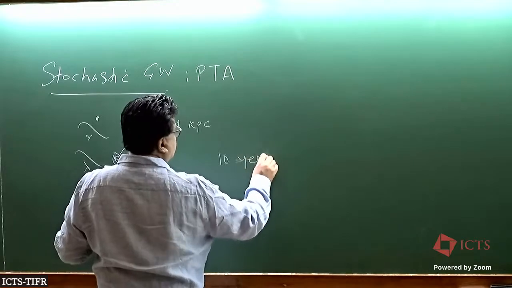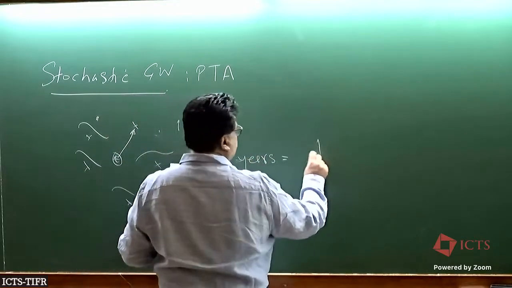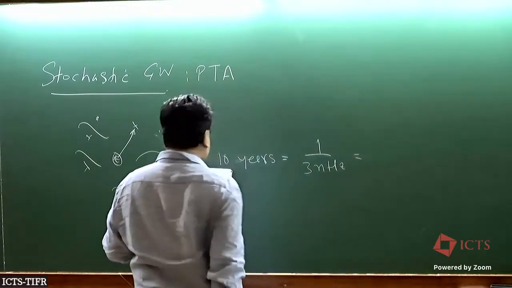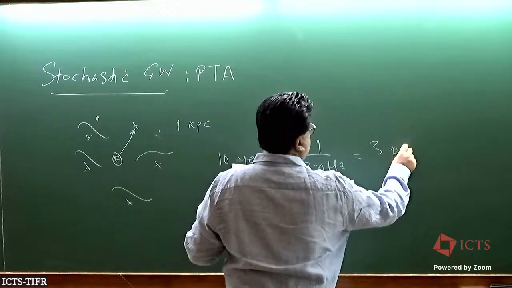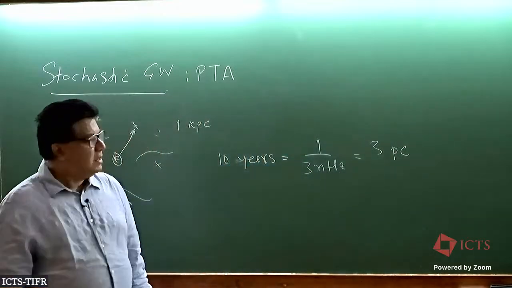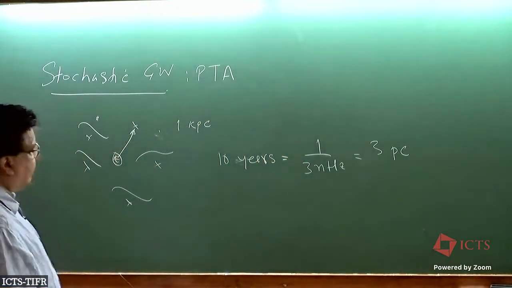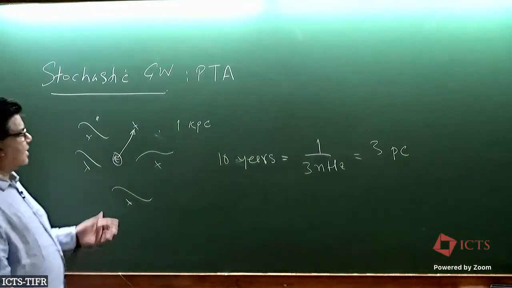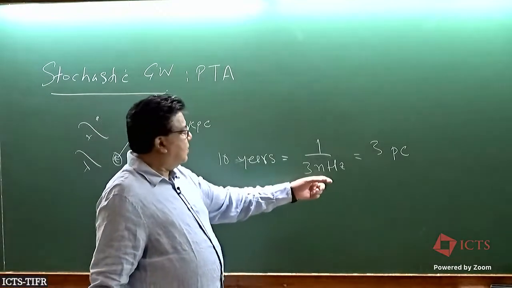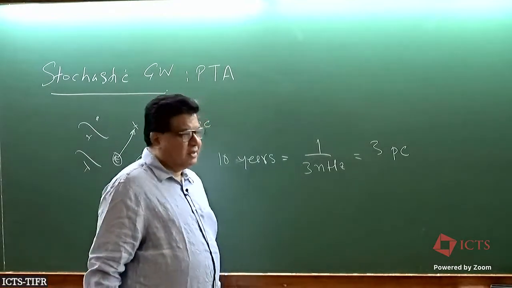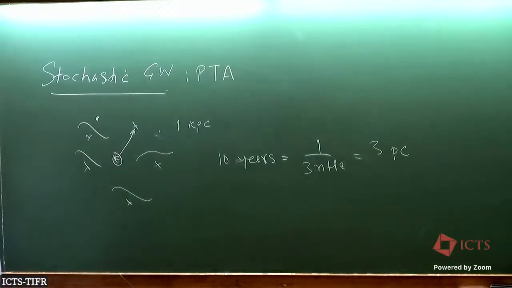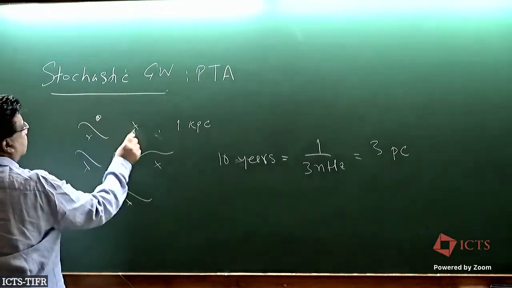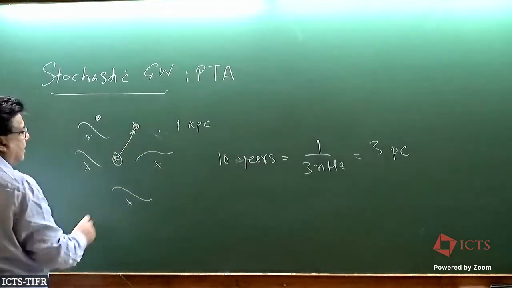Basically 10 years is 3 nanohertz, so one third nanohertz frequency is what 10 years of observation would be sensitive to. The wavelengths observed are much smaller than the distance to the pulsar.